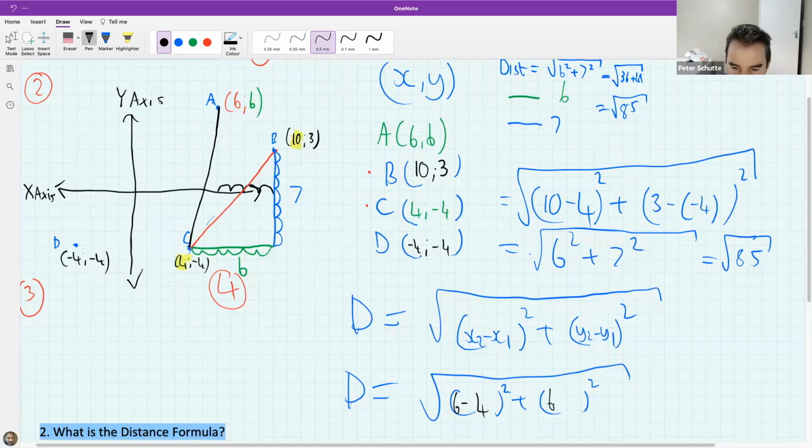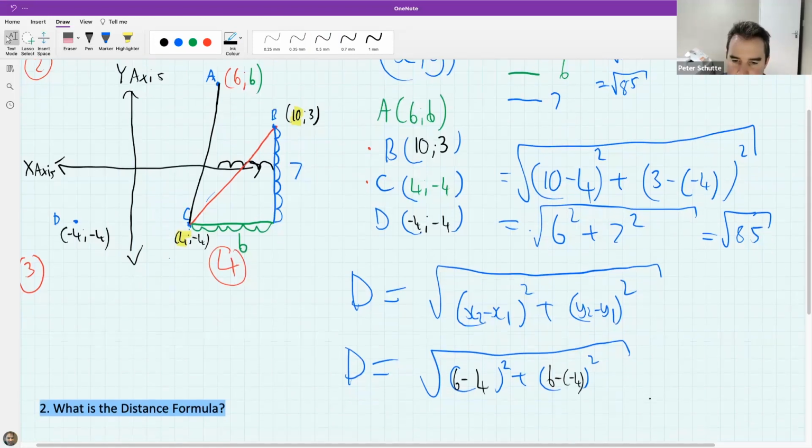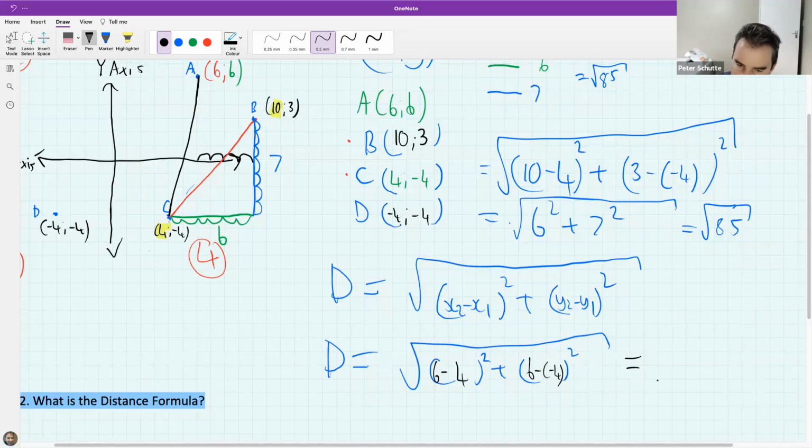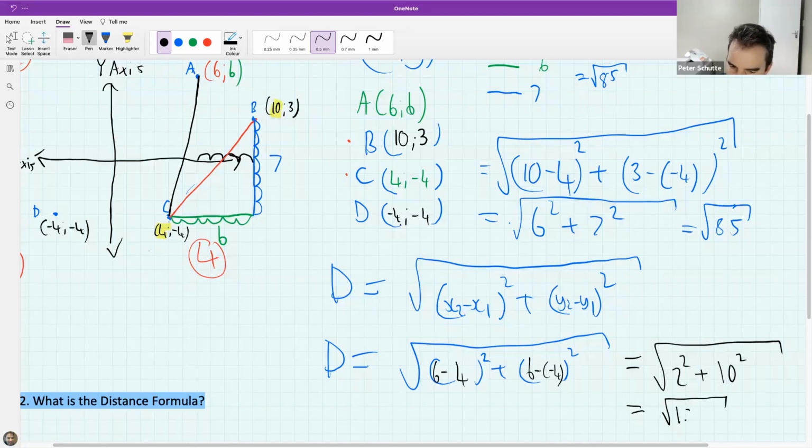So here, then I'd get 6 minus 4. And then if I take this, I get 2 squared. Now minus 4 is actually 10 squared. And so you should get the square root of 104, which in decimals would give you approximately 10.2.